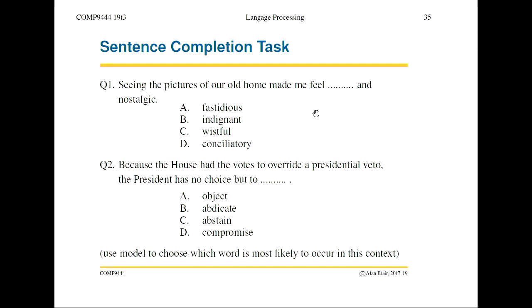For example: "Because the House had the votes to override a presidential veto, the president has no choice but to..." You have to know something about the American system of government to really answer this question. If you come from another country with a different political system that doesn't have a president, you might not be able to give a sensible answer. So people have complained that these tests may be biased towards people from certain cultures.